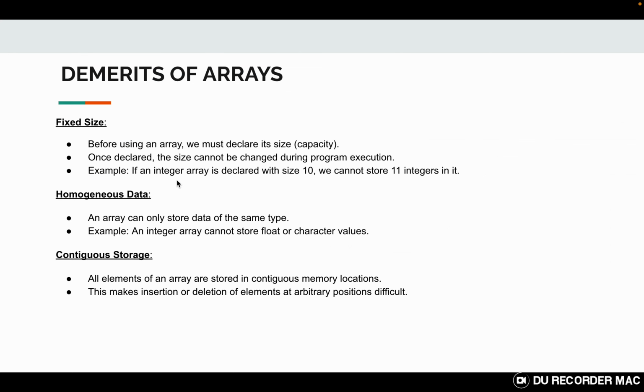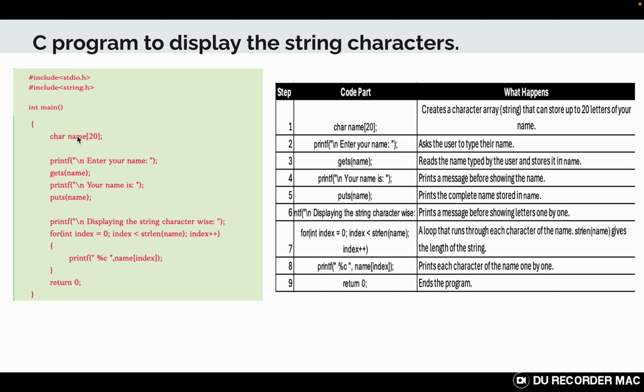Then contiguous storage. All elements of an array are stored in contiguous memory locations. This makes insertion or deletion of an element at an arbitrary position difficult. The point it is trying to make is, whenever you declare an array, say of size 20, the computer will try to block all the memory spaces in a continuous manner.